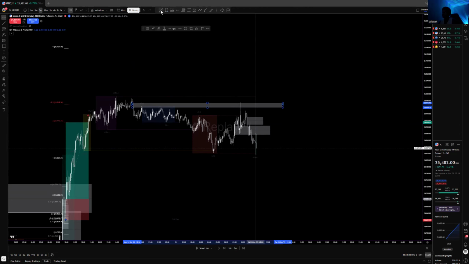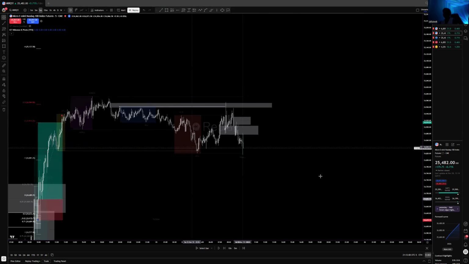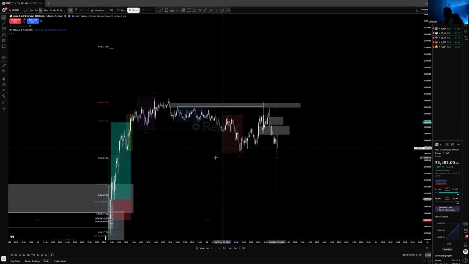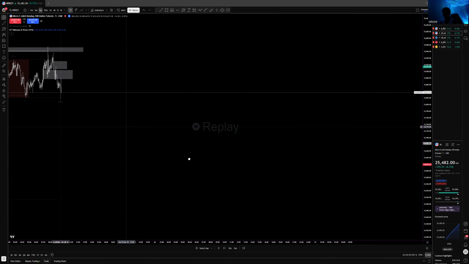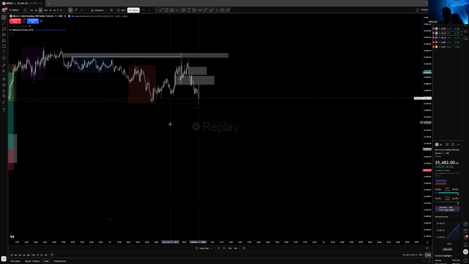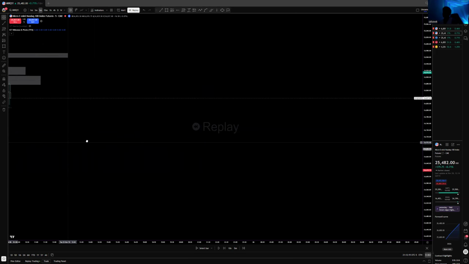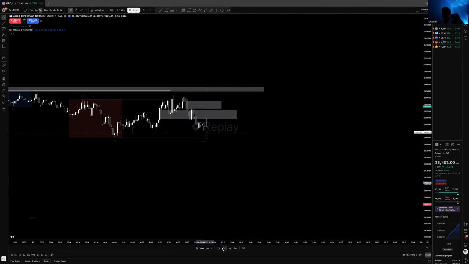After sweeping out a session high, or whatever it is, internal highs, whatever it is. And on top of it, this high is getting protected, which means price is about to go down. Maybe it will or it won't. But let's see, right.